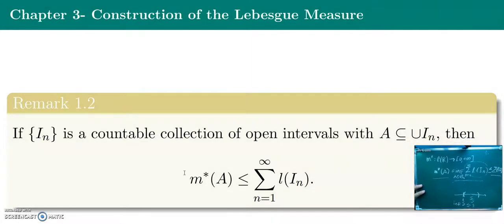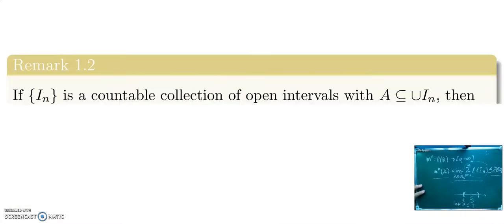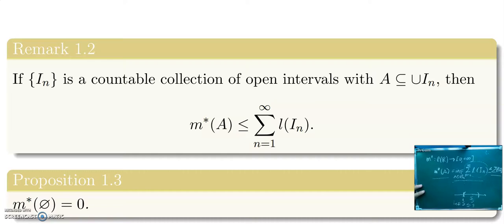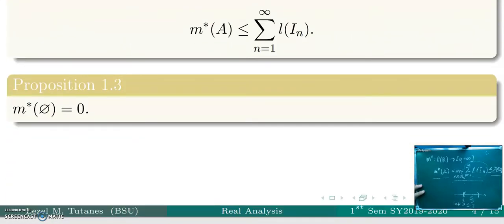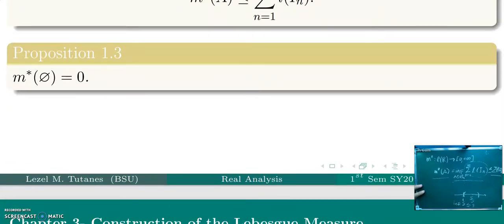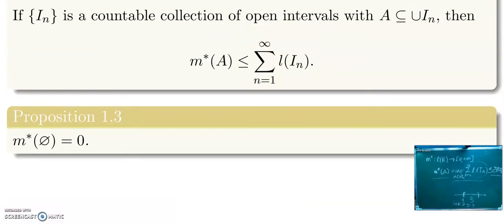Now let's proceed to the next known result. We have that the Lebesgue outer measure of the empty set is 0. I will try to discuss the proof of this proposition.